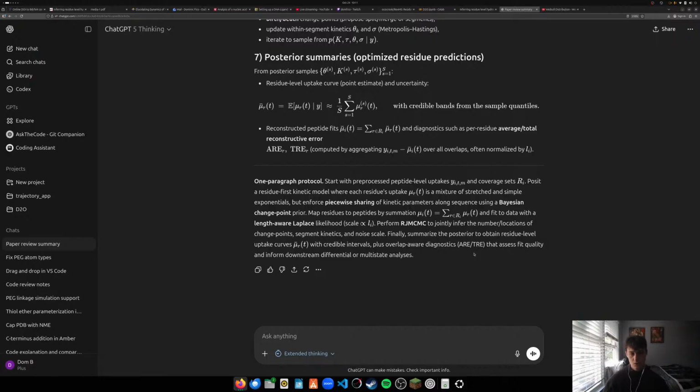Okay, I'm getting there. So the core assumption here is that residues next to each other have similar rates of exchange.